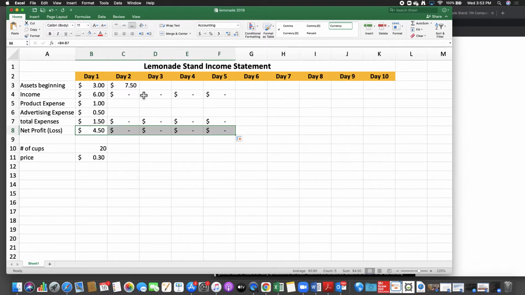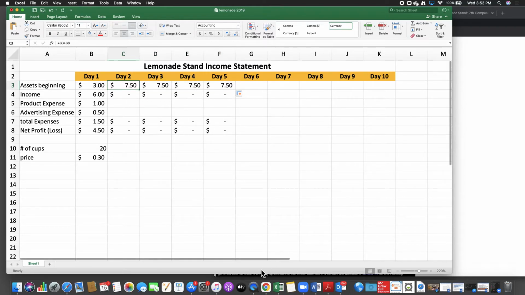Okay? I can also fill this over. So then tomorrow, for day 3, it would take C3 plus C8. So it's going to continue. If you do the formulas right, you can just fill them over. Okay, and as you enter data, it's going to update it.